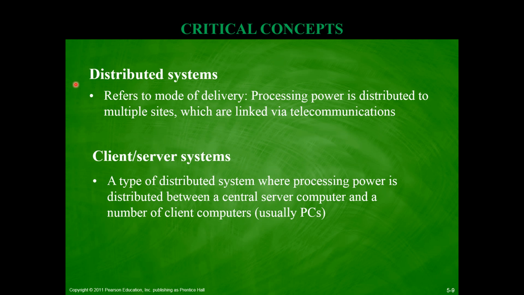One specific term for this kind of architecture is grid computing, where instead of having one powerful centralized computer, you have hundreds of commodity computers connected together that act as one single supercomputer. So those are distributed systems.